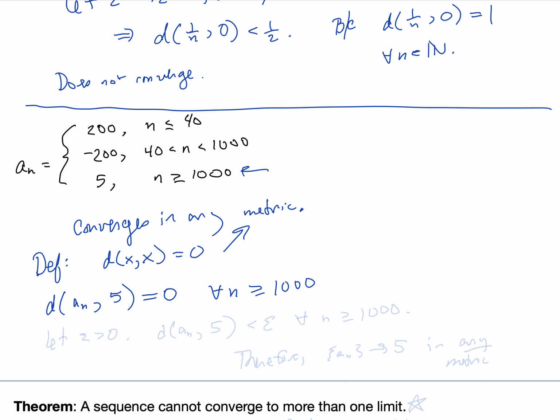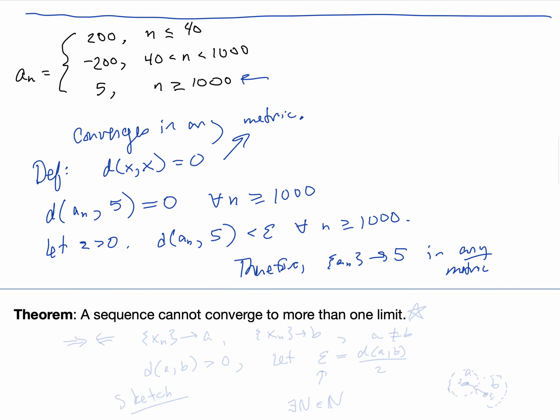Whatever epsilon we pick, let epsilon be greater than 0, then the distance between a_n and 5 is going to be less than epsilon for all n greater than or equal to 1,000. And so this tells us that, yes, this sequence a_n converges to 5 in any metric on the set that includes those values.